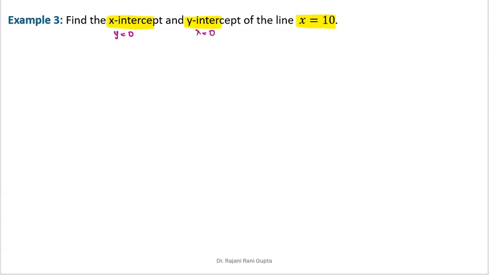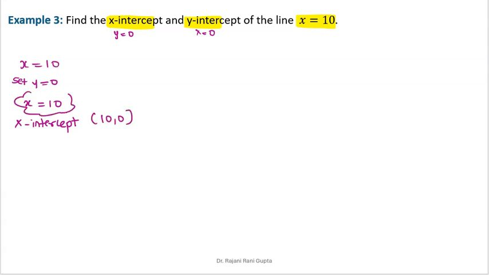If you substitute y equal to 0 here, you will get the same: x equal to 10. So this means your x-intercept is (10, 0), the value of x and the value of y.